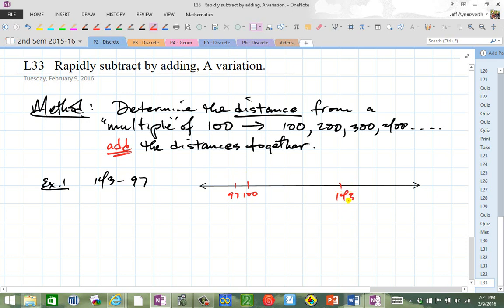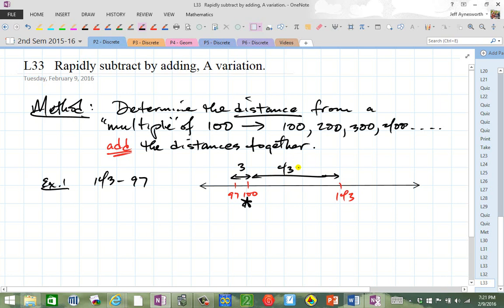I'm just approximating location here. So we want to take a look at the distances from our reference point. The distance here is hopefully obviously 3. 97 plus 3 is 100. And the distance right here, to 143, hopefully you can see is 43.